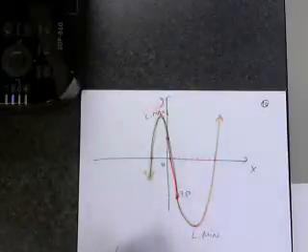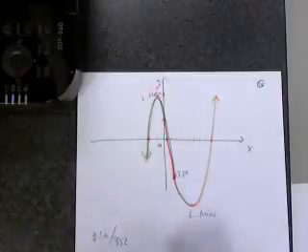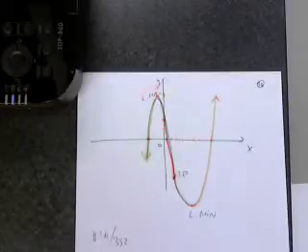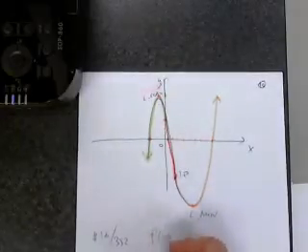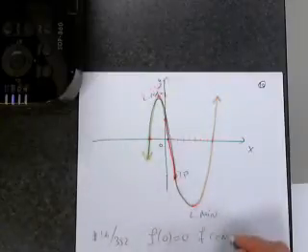On page 352. Ready? We are told, sketch the graph of a function that satisfies the given conditions. And here they are. F of 0 is 0. F is continuous. F is even.